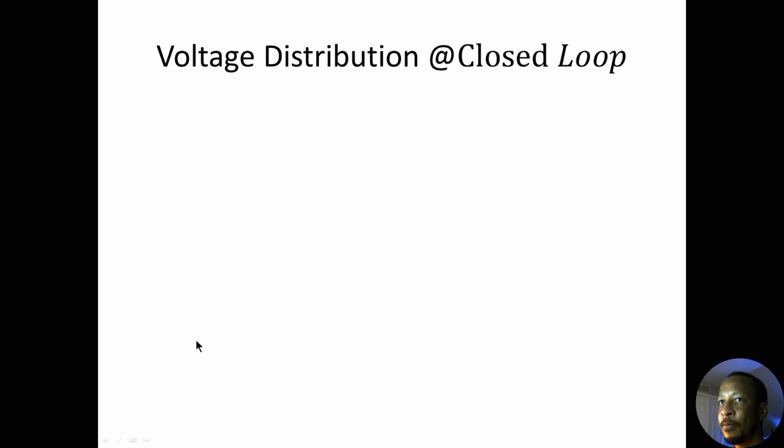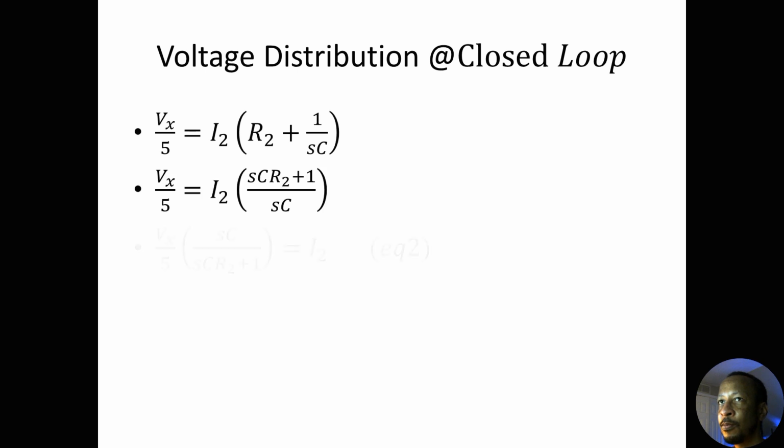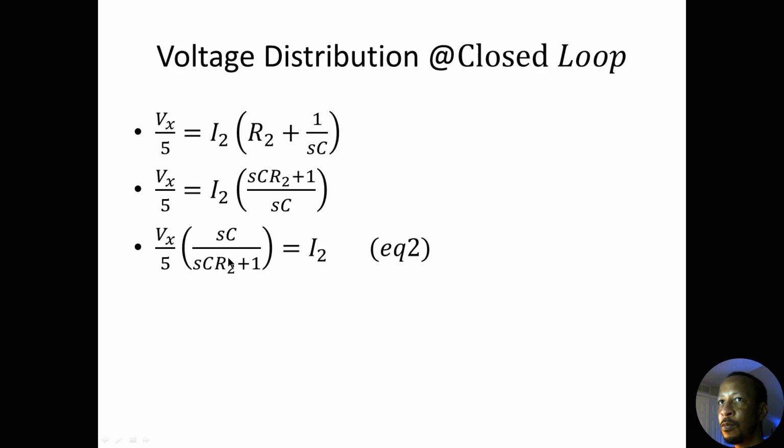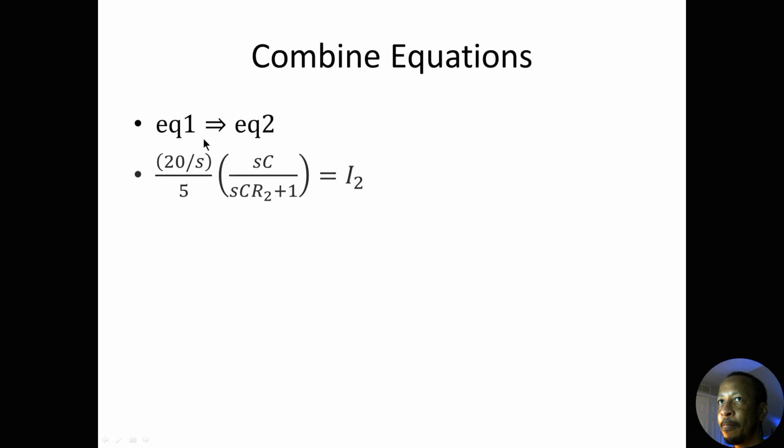So in equation 2, I'm going to put 20 over s there. So see the Vx here? I put 20 over s, and that 20 over s is over 5. Then I'm going to continue to try to simplify even more. And then I get 20 over 5s.